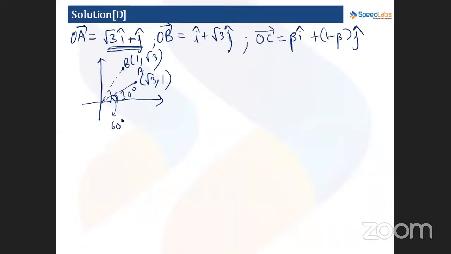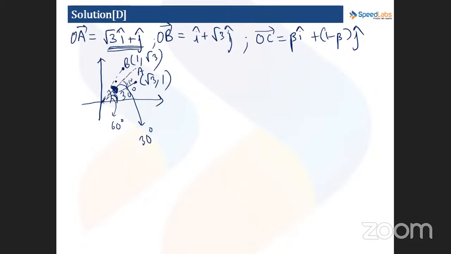Now what else is given? It is given that their angle bisector. The angle between A and B is 60 minus 30, that is 30 degrees. Their angle bisector will bisect it into 15 and 15.